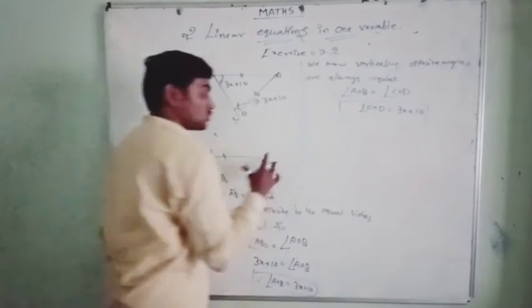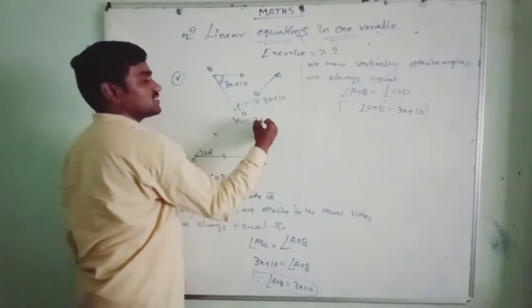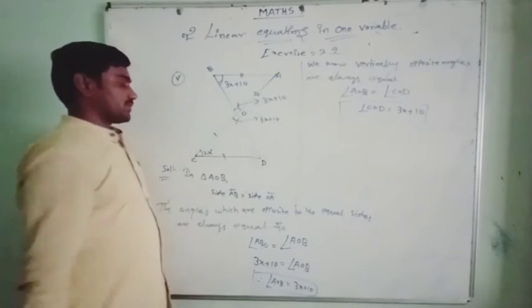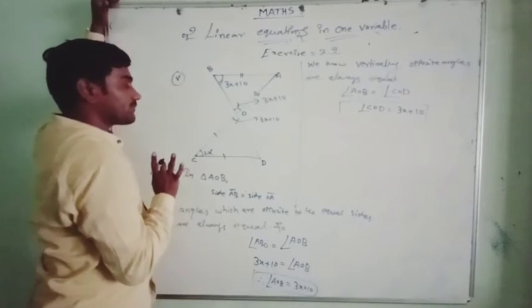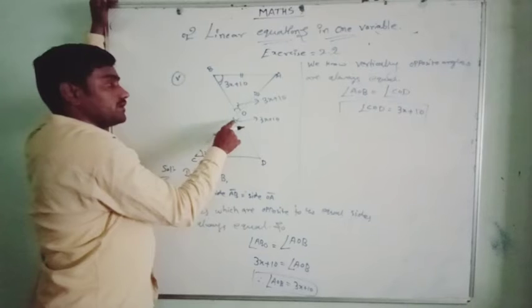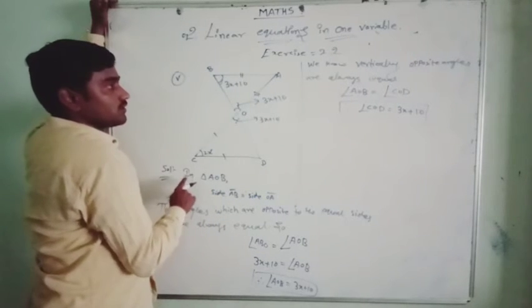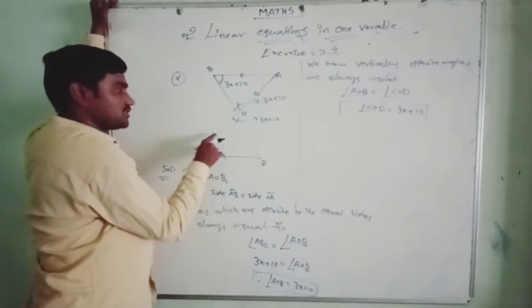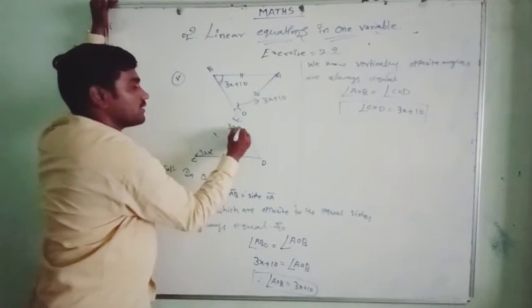See, this complete process I have done to get these two answers. This is also 3x plus 10. Simple. Now in the triangle COD, this angle is 3x plus 10.